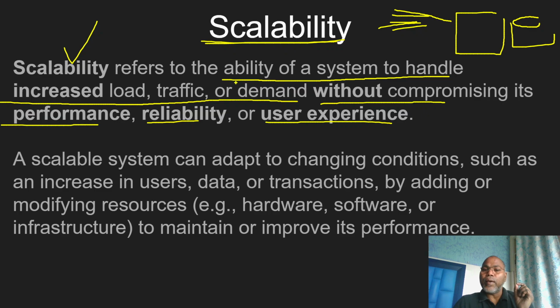It refers to the ability of the system to handle increased load, traffic, or demand without compromising performance, reliability, and user experience. The user should not be affected and should use my system as they previously did.